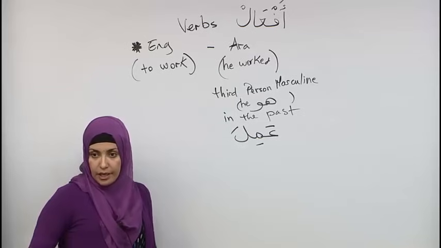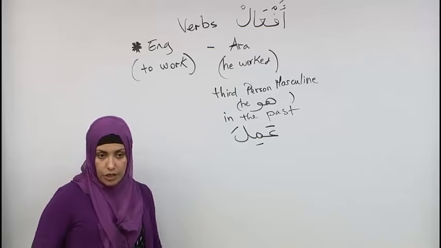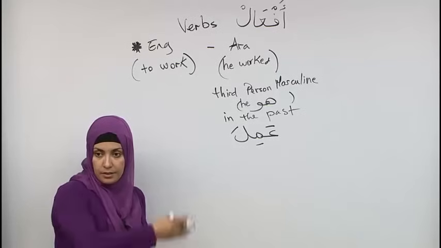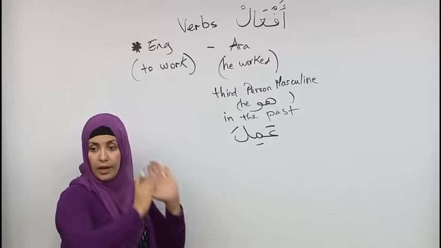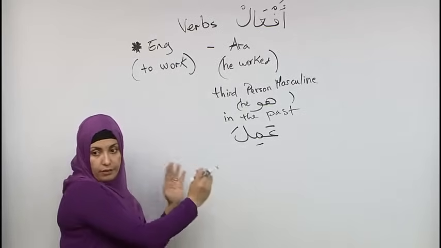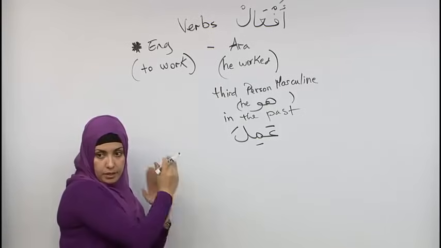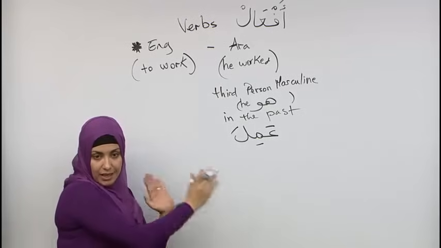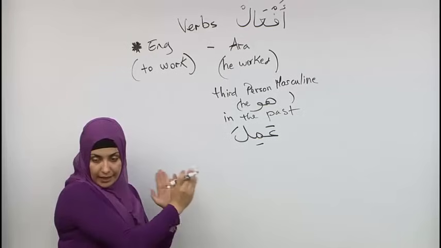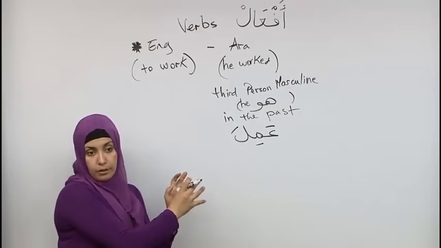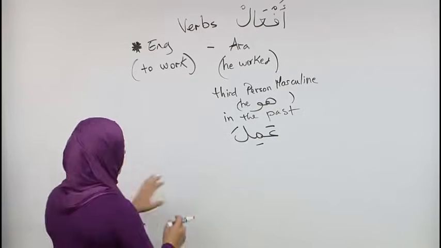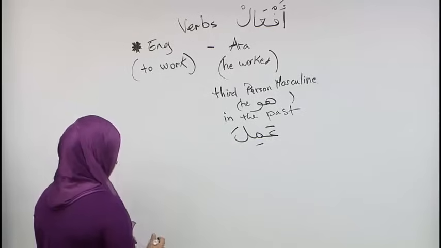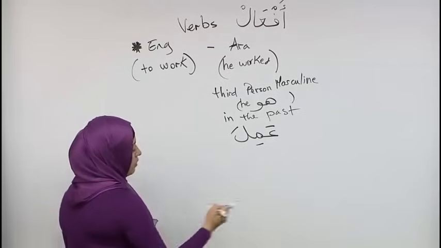So if you're conjugating the present tense, things change at the beginning. In the past, things change at the end. So that's why this form of the infinitive in Arabic is the proper way to start, because nothing is added to it. That is the root of the verb. Okay? Amila, amila.